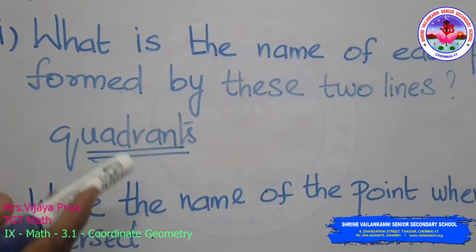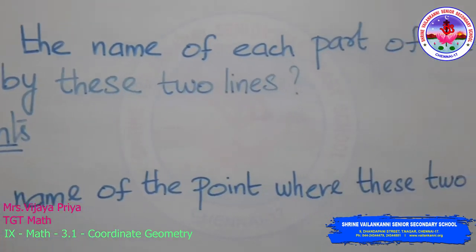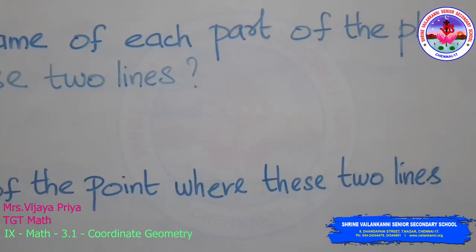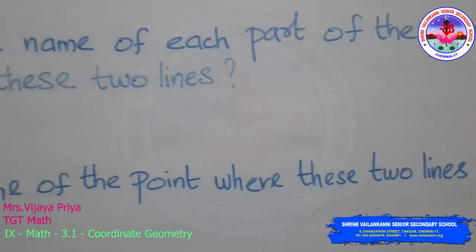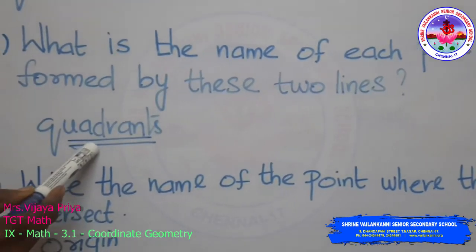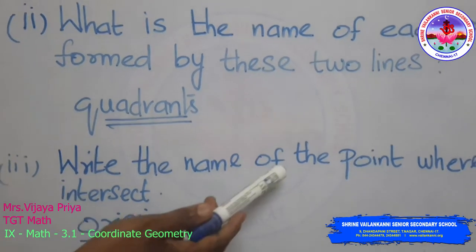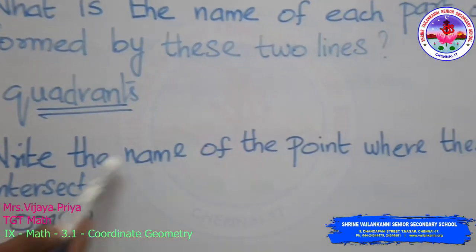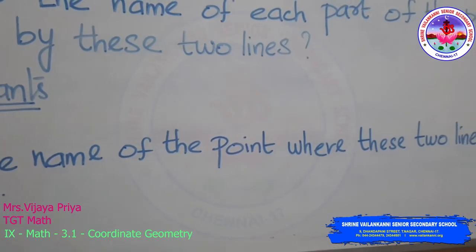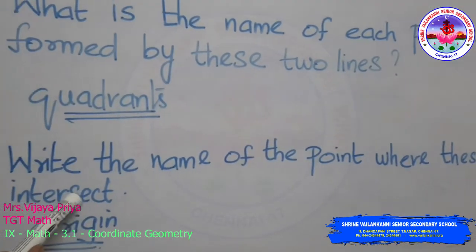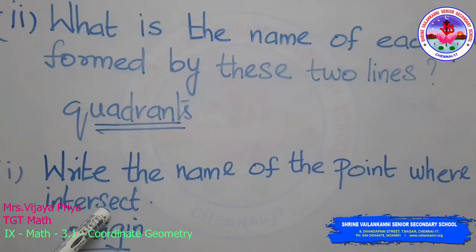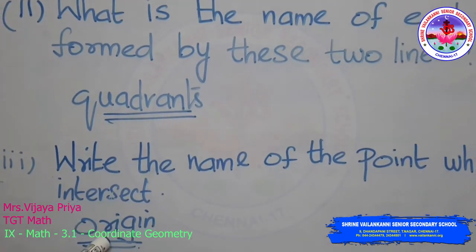The x-axis and the y-axis divide your plane into 4 quadrants, so each part is called a quadrant. Third subdivision: write the name of the point where these two lines intersect. The x-axis and the y-axis intersect at the origin.